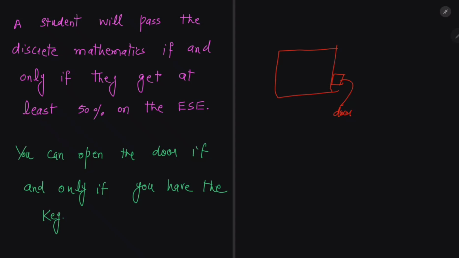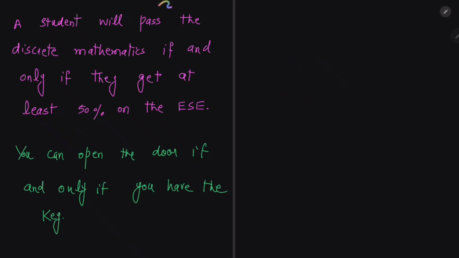So there is only one possibility in that case. If the door is open, then one must have a key. And if one has a key, then he or she can open the door. So it does guarantee that the opening of the door ensures that the house owner, or whoever that person is, has the key.